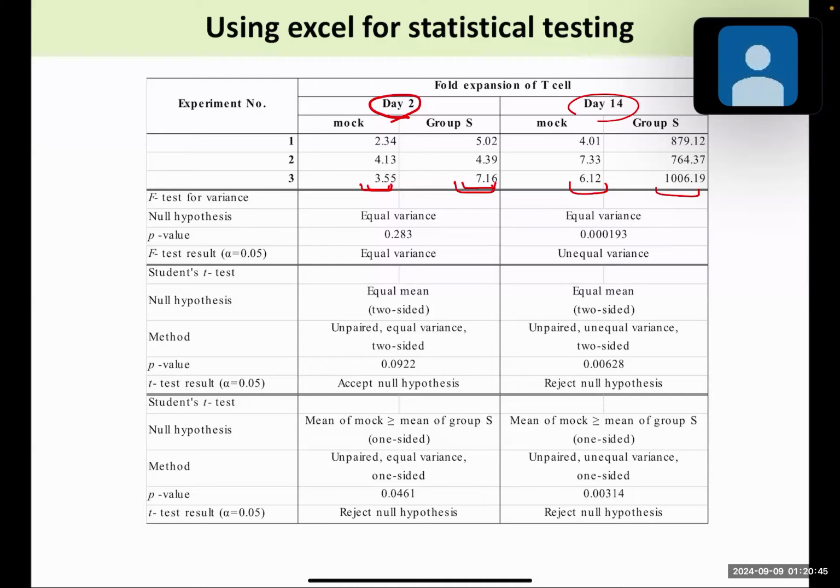I haven't really explained one concept, but because I don't want to go into too much detail into the statistics, I'm going to skip this. There is another test called the F-test. The F-test tests whether the variance between these two groups is the same or different.